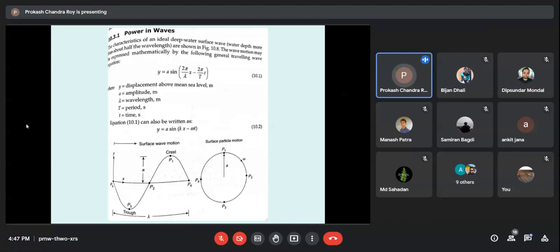So if you consider this as a sinusoidal wave, and we give some mathematical relations based on some of the factors, say this is the amplitude, this is the wavelength, and this is the period. So this is basically a wave propagation. So if we can provide a mathematical relation of this traveling wave in the form of wavelength, period, and amplitude.